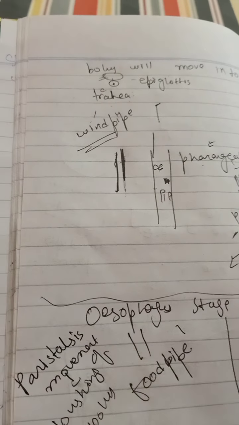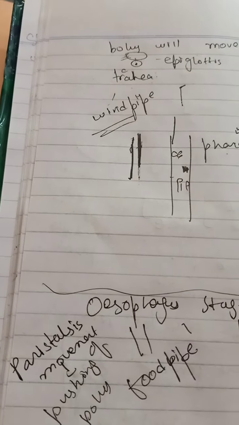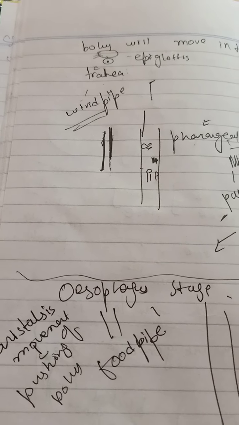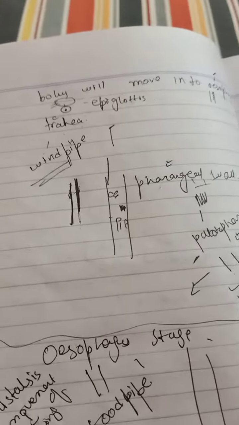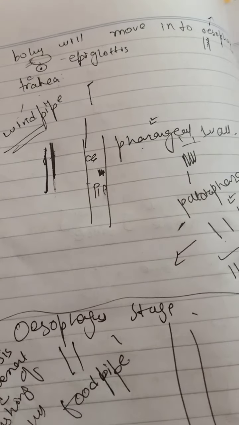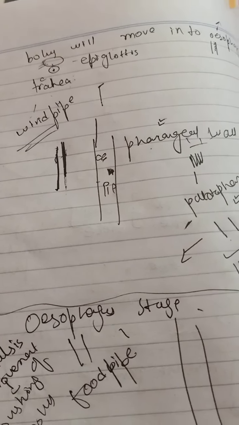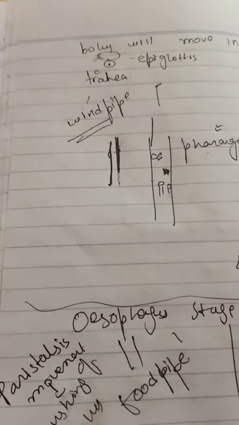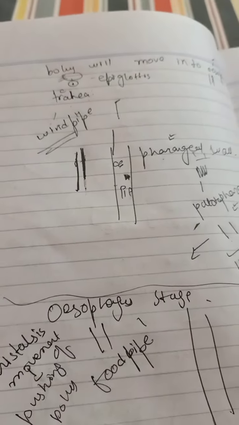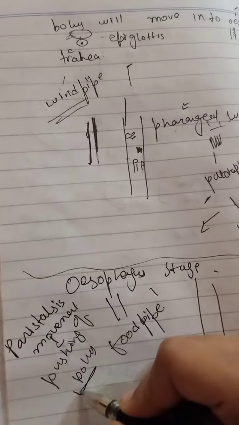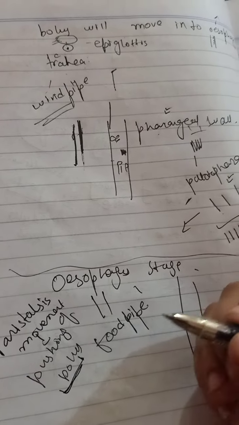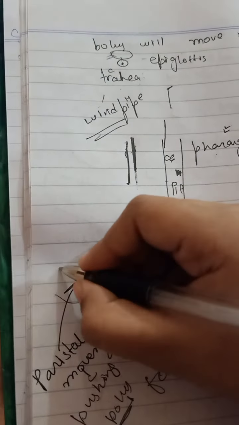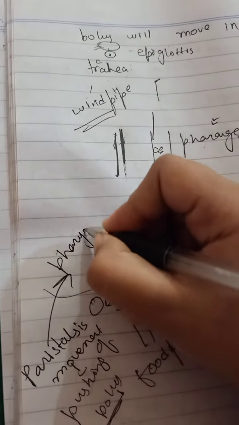The peristalsis movement is a movement that pushes the bolus down. If you're asking from which part of our body the peristalsis movement starts, it starts from the pharynx.